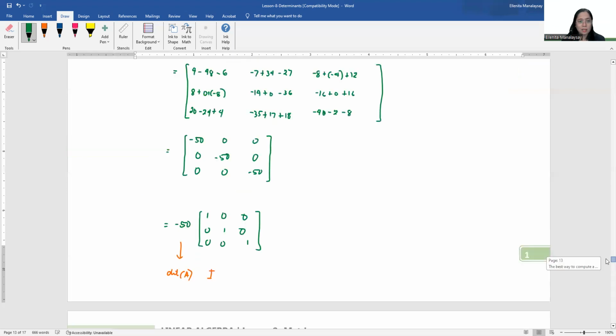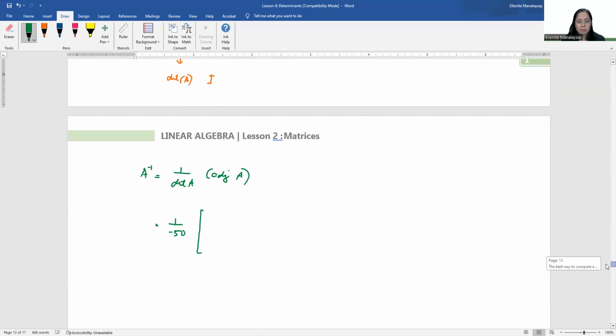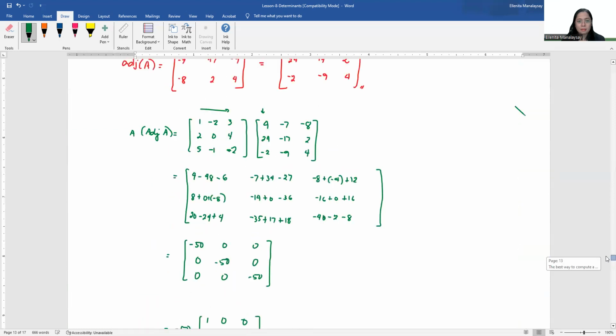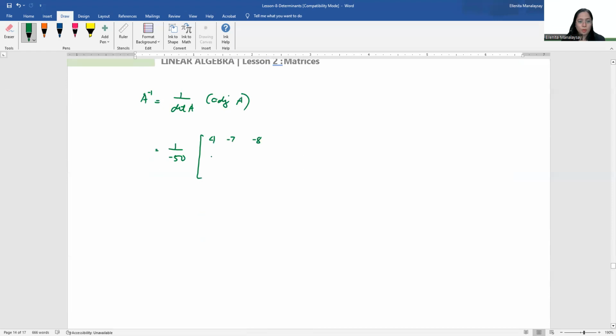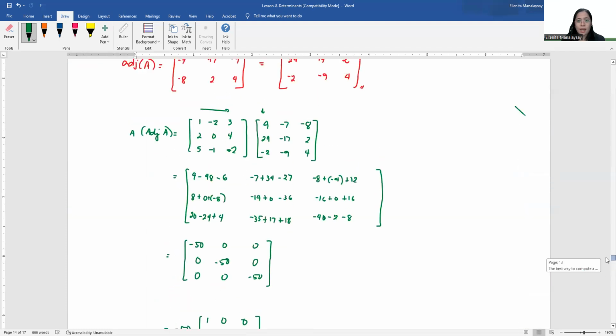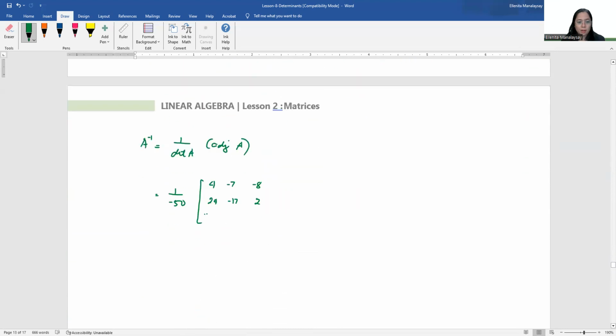Oh, this is now a challenge for me. What is the 4, negative 7, negative 8? We have 4, negative 7, negative 8, and then 24, negative 17, 2, and negative 2, negative 9, positive 4.